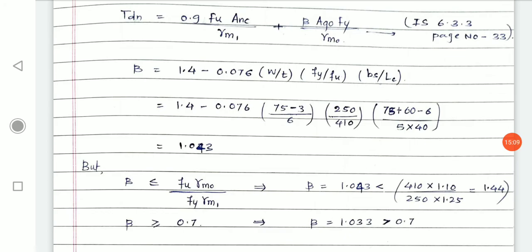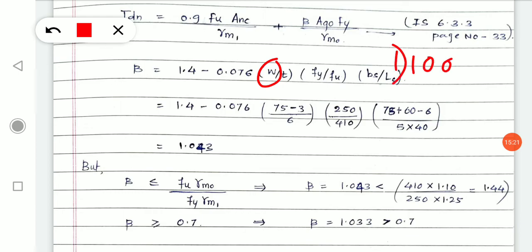Okay, now see, I have noted the values from our problem. That W, see, we are solving it for case number 1. Case number 1 is saying that we connect the 100 mm leg to the gusset plate. If the 100 mm leg is connected, what will be the outstanding leg length? Of course 75. Therefore I have taken 75. But you cannot take directly 75. Why?